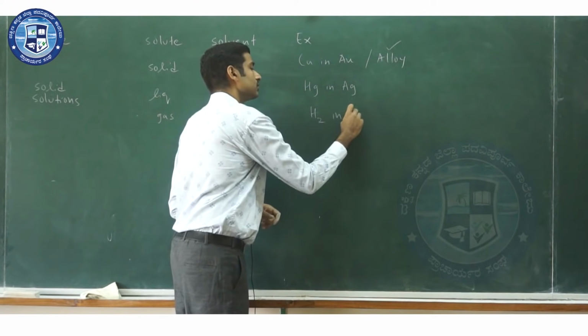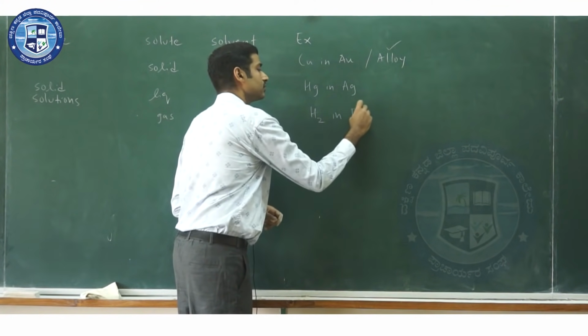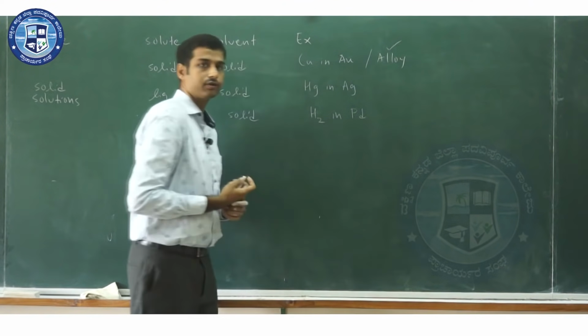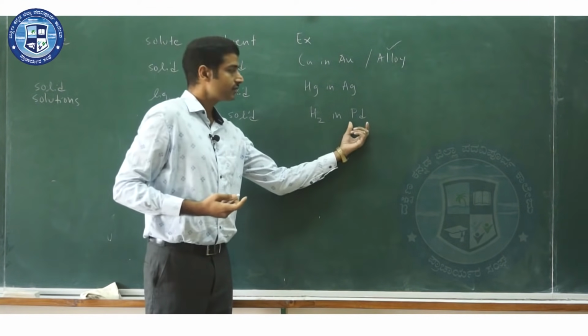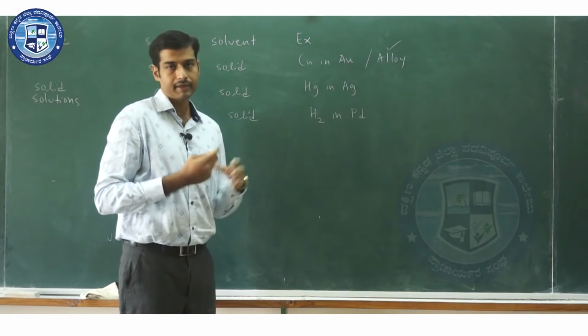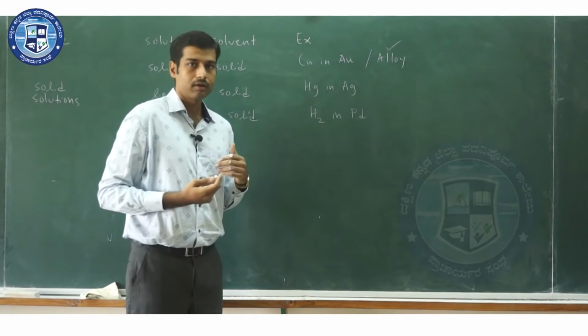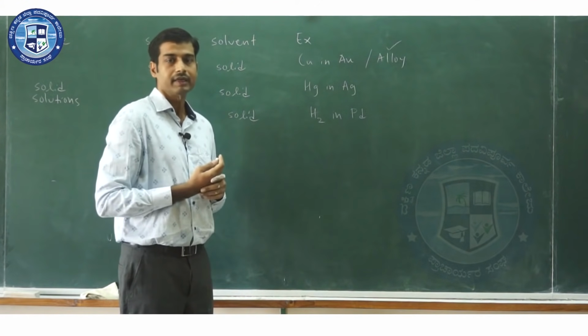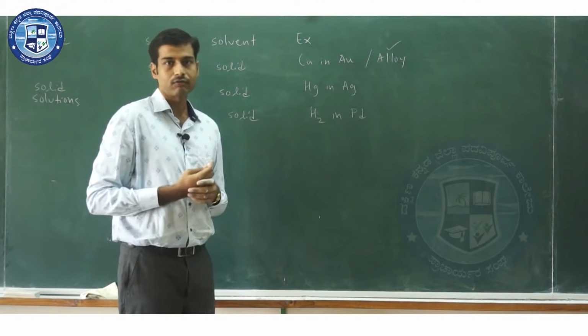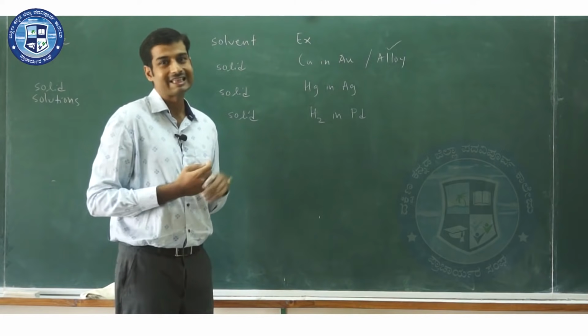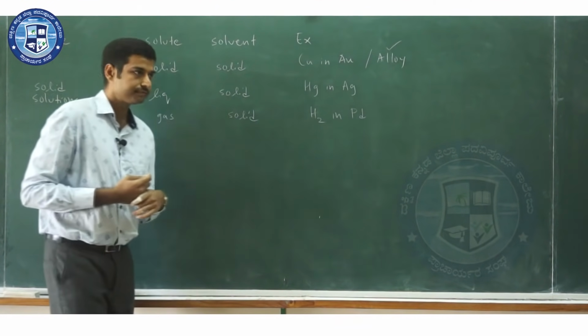Such mixtures are homogeneous and form a solid solution. Palladium is a solid with interstitial spaces, and hydrogen might be uniformly distributed in these, and therefore these kinds of solids are also referred to as interstitial solids.